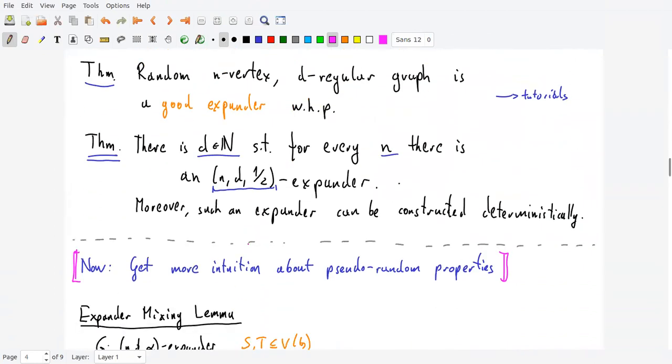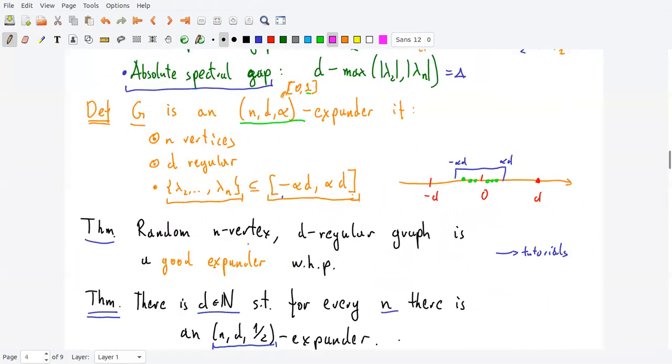It can be that lambda2 is negative. Actually, if you take a clique, say a clique of size d+1, which is then d-regular, then its spectrum will look like this: there will be one eigenvalue at d, as far as I remember, and then there will be d other eigenvalues at -1.